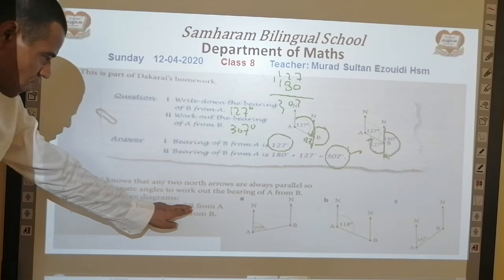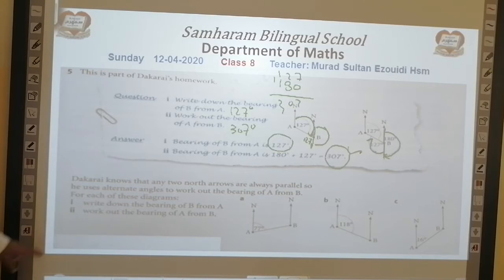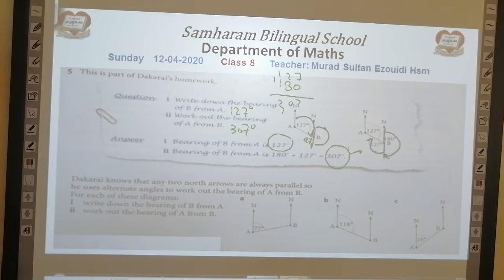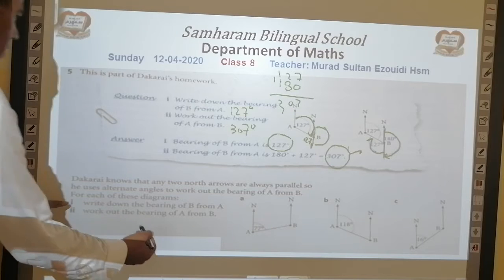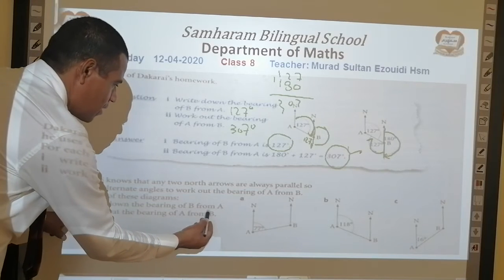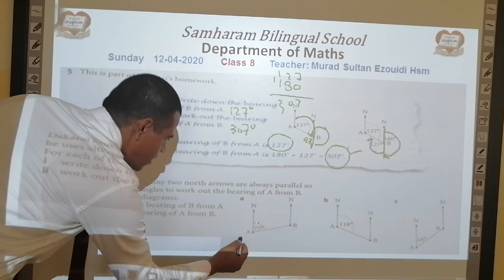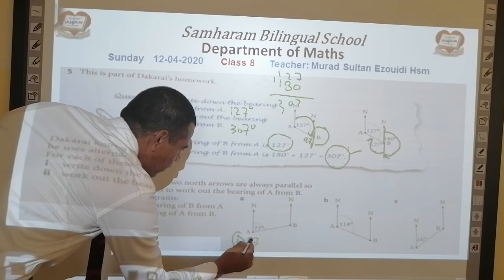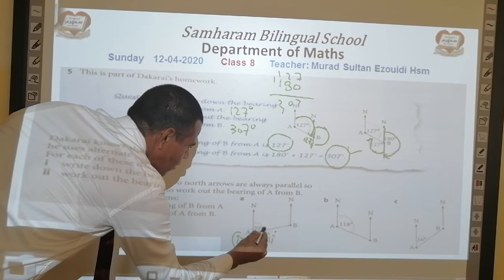Write down the bearing of B from A. Then work out the bearing of A from B. Okay. Let's do the first one. This is small i. The bearing of B from A is 77 degrees. Double i is what?